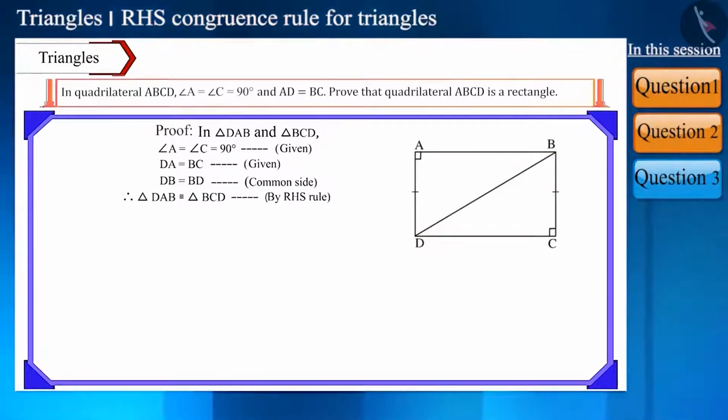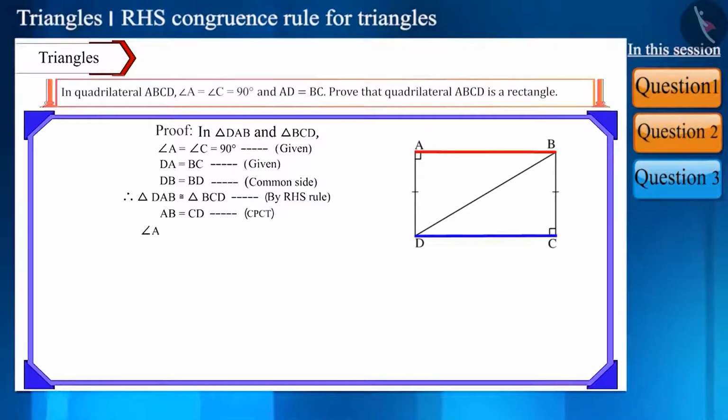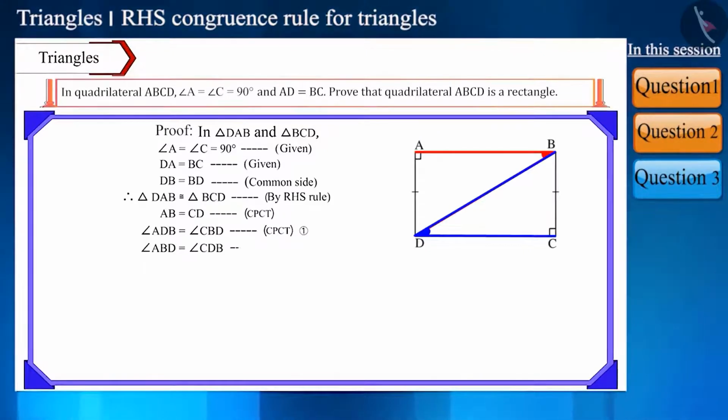Therefore, by the RHS congruence rule, these two triangles will be congruent and therefore its corresponding parts and corresponding angles will also be equal. This means side AB will be equal to side CD, angle ADB is equal to angle CBD, angle ABD is equal to angle CDB. Now if we look at triangle DAB, angle DAB is equal to 90 degrees.